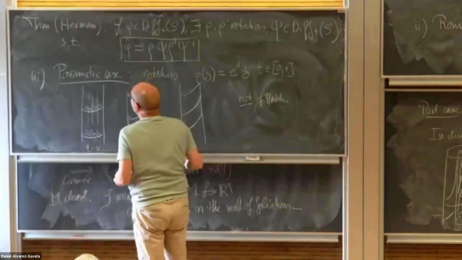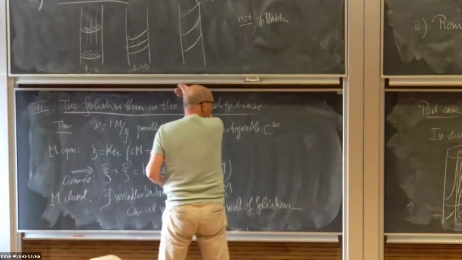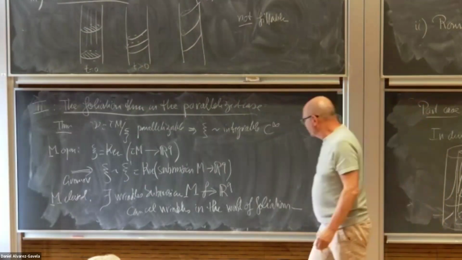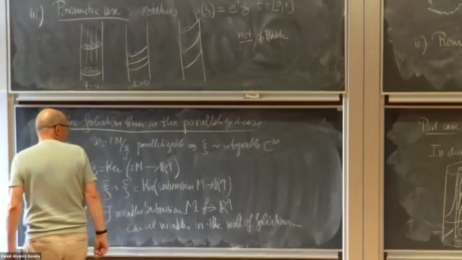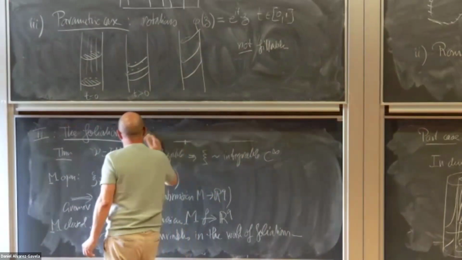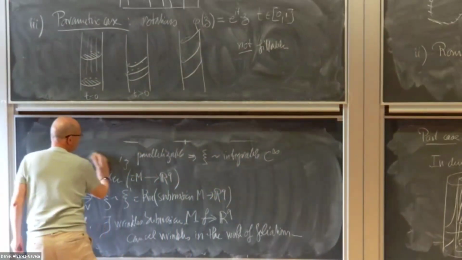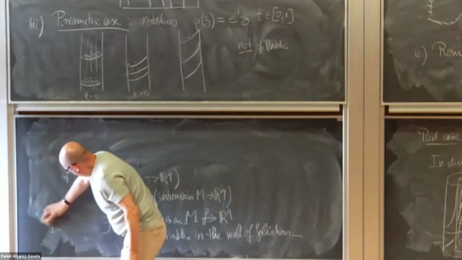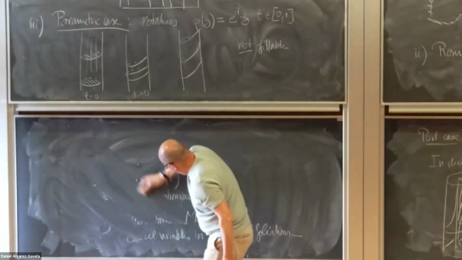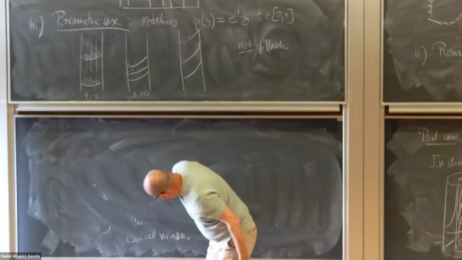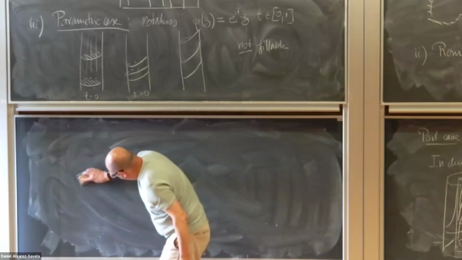However, Thurston made an observation that if you change a little the data, you can solve the problem. Sometimes I call it Thurston's flexibility trick.